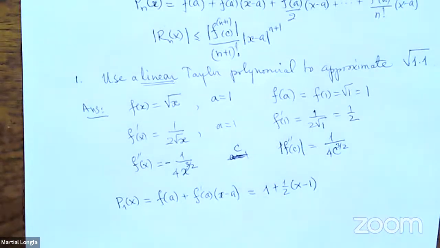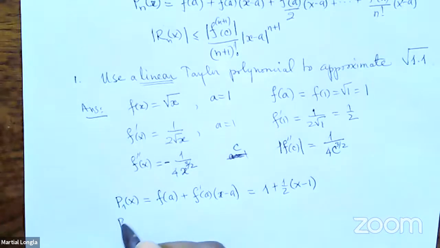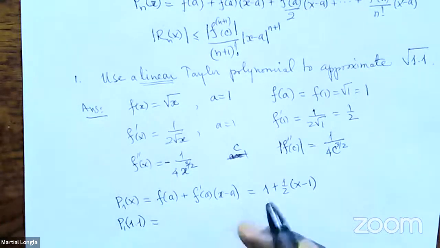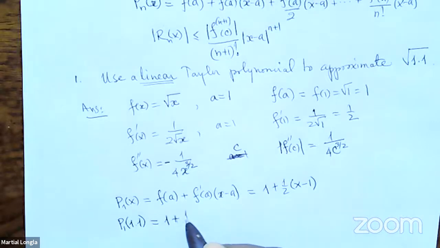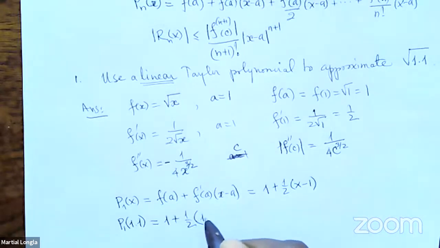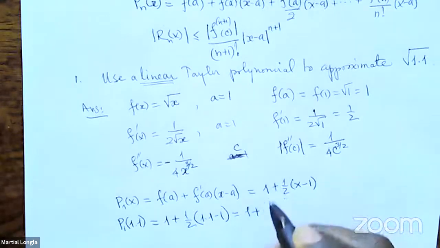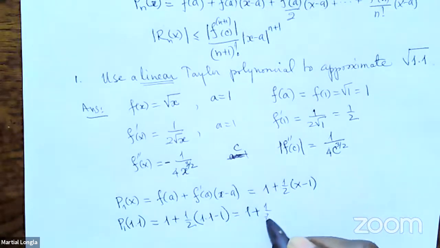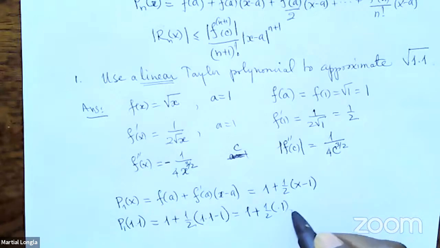So that's p1 of x. And p1 of 1.1, that's the estimation, is 1 plus 1/2 times (1.1 minus 1), which is 1 plus 1/2 of 0.1.